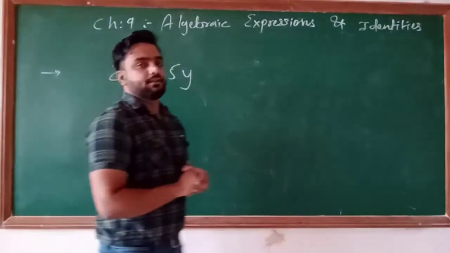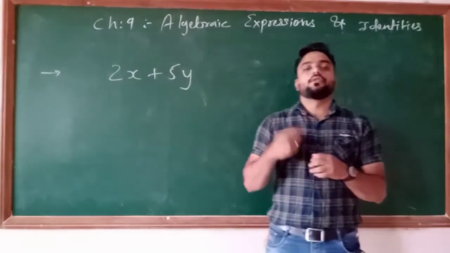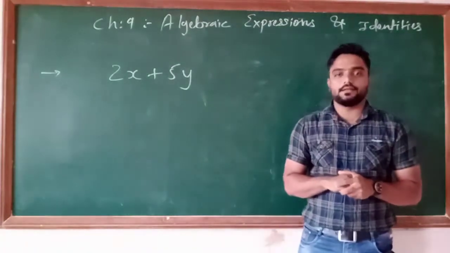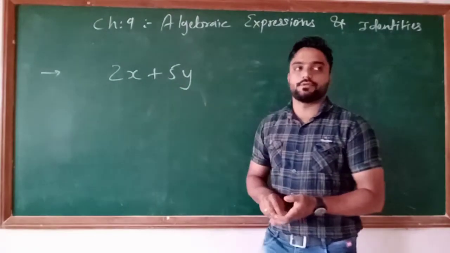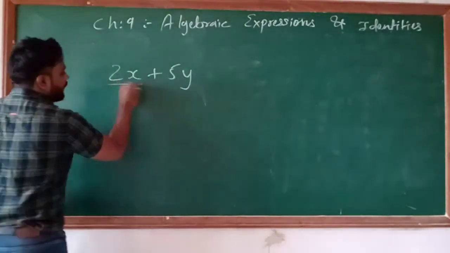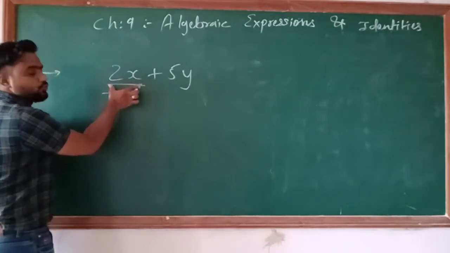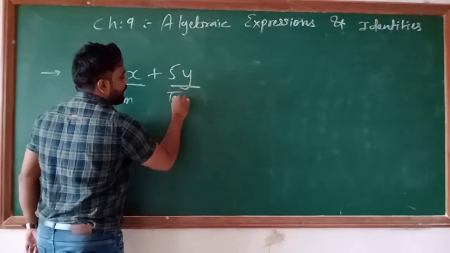Now listen here, any expression contains a number of terms. It may be one term, two terms. So just see here, this is one expression. This 2x is a term, and this 5y is also another term.